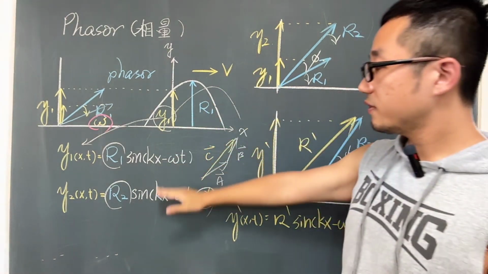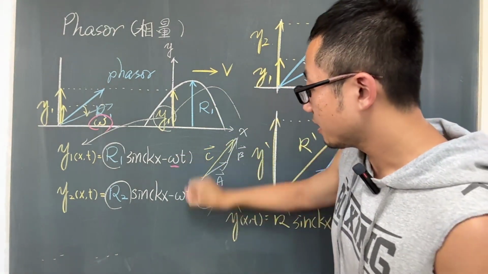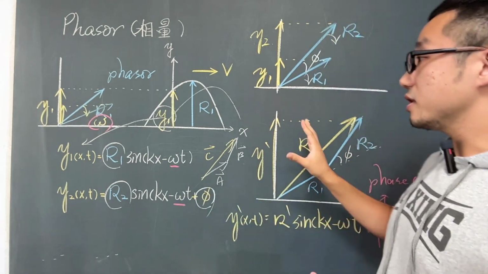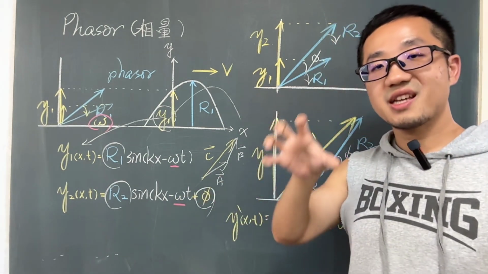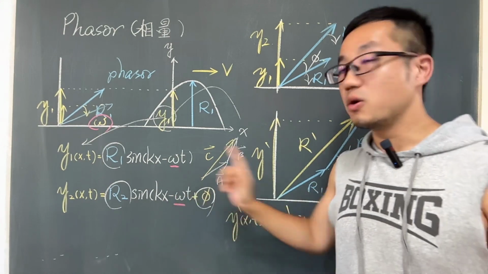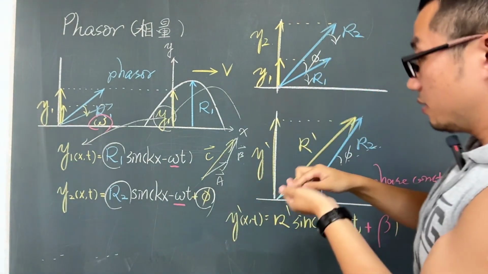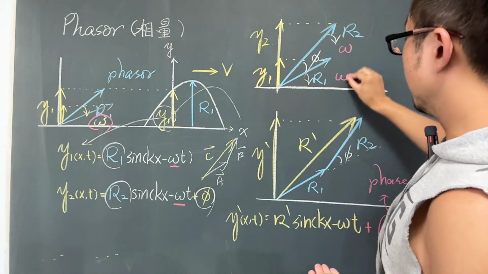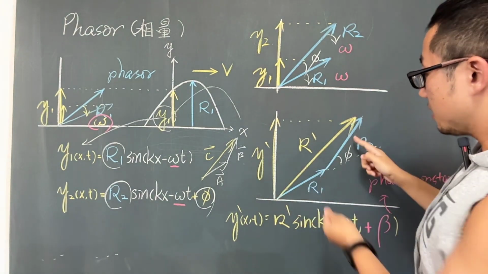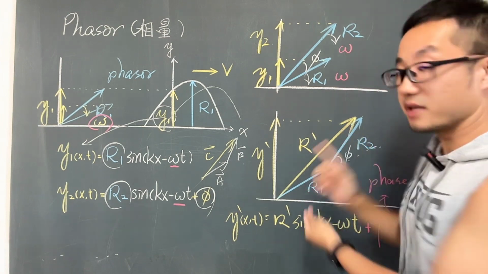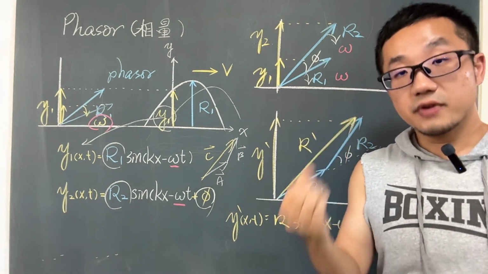Because your first wave and the second wave both have the same angular frequency, your phasors are going to rotate with the same angular speed, omega. And since they are rotating with the same angular speed, the angle between each one of them will also be fixed.